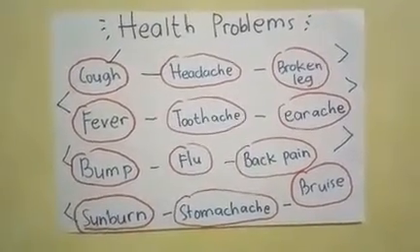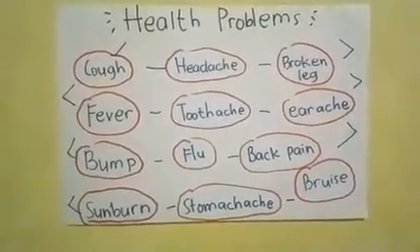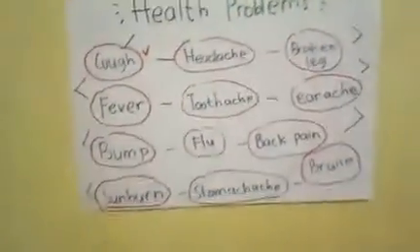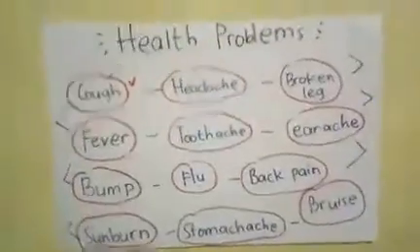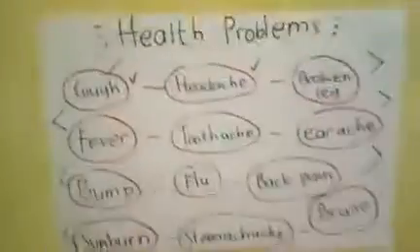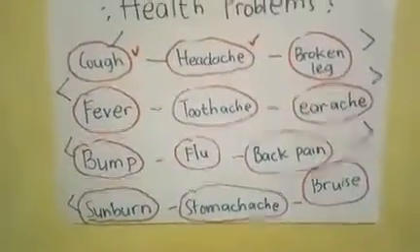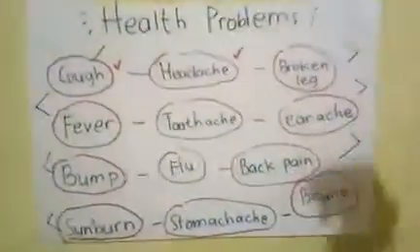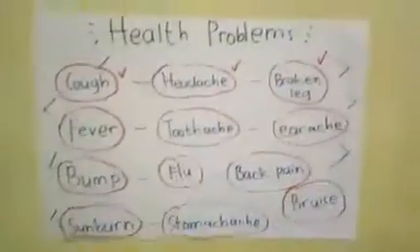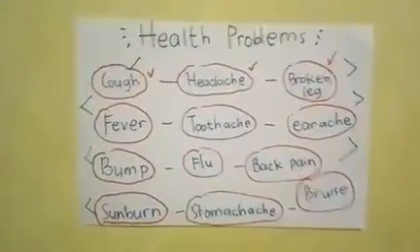Look at the word in the circle. Number 1 is cough. Do you know what is cough? Cough is batuk. Headache is sakit kepala. Next, broken leg artinya patah kaki atau pincang kalau bahasa kita.